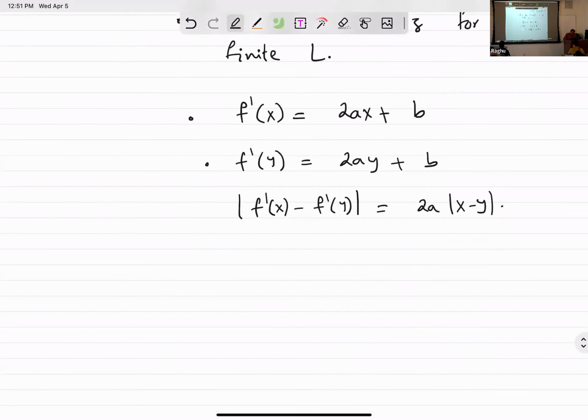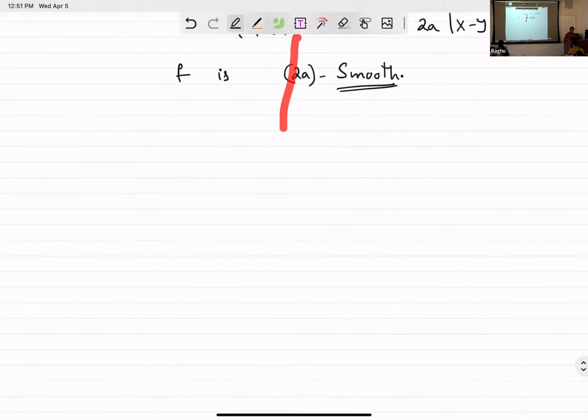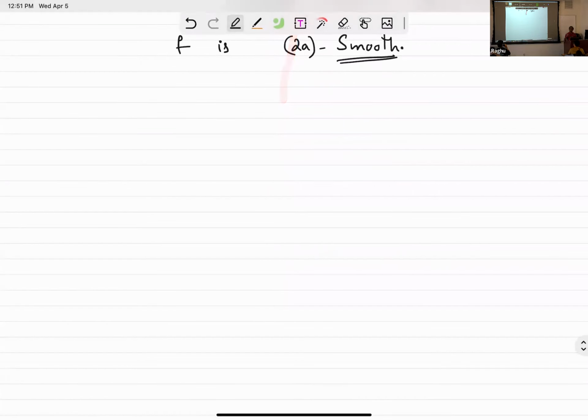While f is not Lipschitz, it is 2a smooth. So we saw an example of a function which is Lipschitz but not smooth, and an example of a function which is smooth but not Lipschitz. Typically you'll assume both, but smoothness is in some sense nicer to analyze. Lipschitzness turns out to be more ubiquitous. Any questions about this?